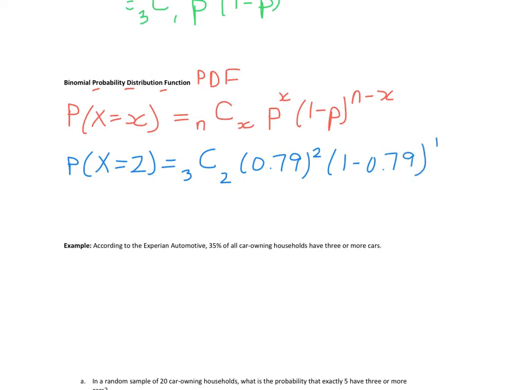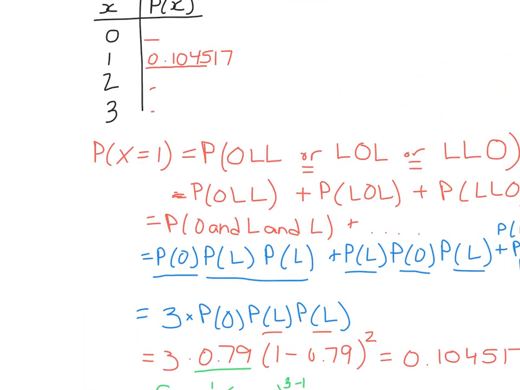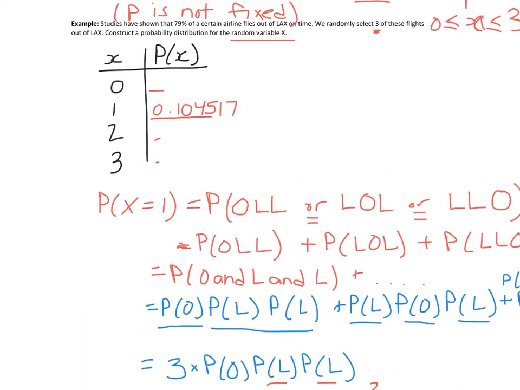And then you put that into your calculator, and we get 0.393183. All right, and we can come back up to our table and put that in for x equals 2.